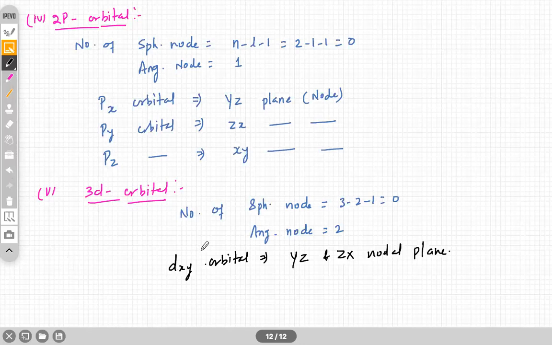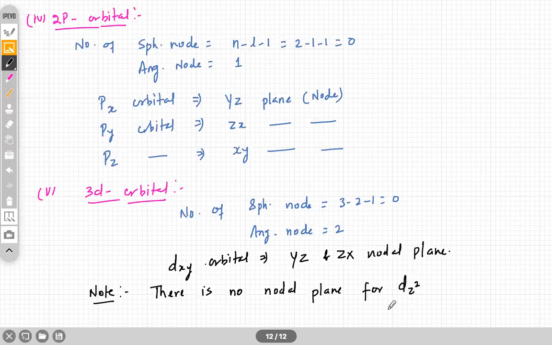Similarly, for dyz you have xy and zx. For dxz you have yz and xy planes. Here we have only one exception. Write down this point. Note: for dz square, there is no nodal plane. This you have to memorize. It's an exception.